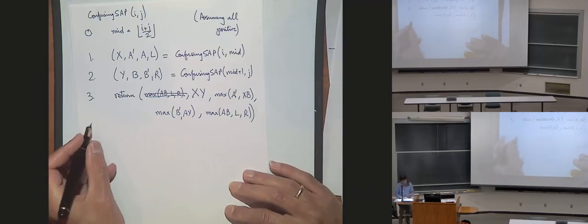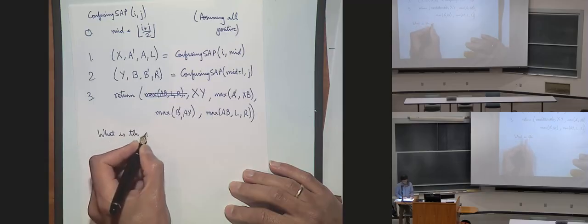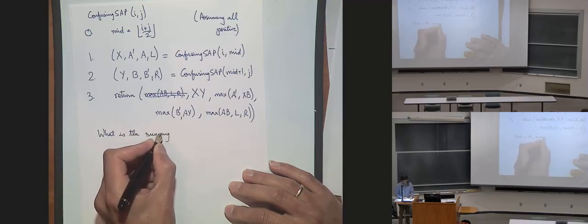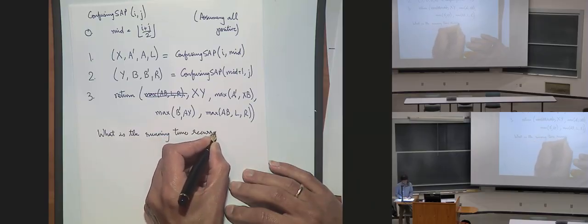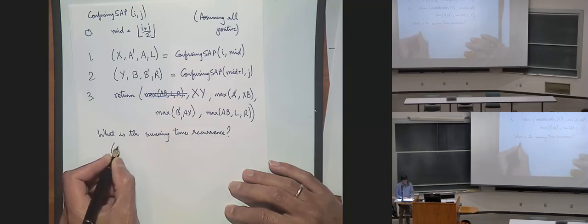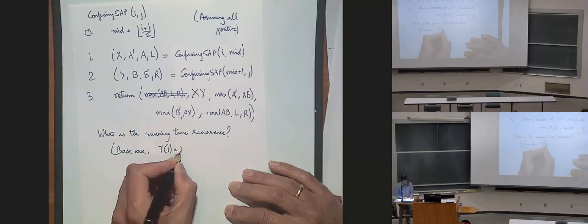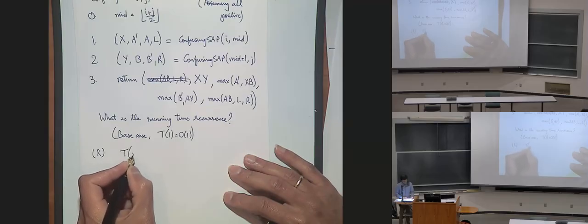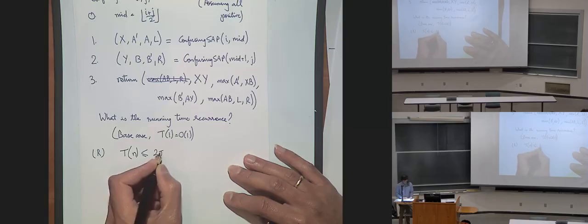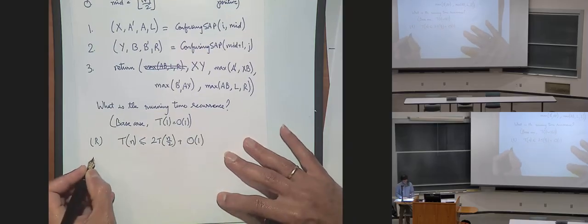So you may have to go and stare at this procedure, but suppose you believe this procedure, what is the running time recurrence? And just to be clear, the base case is always T of 1 is O of 1. So is it T of n is less than 2T of n over 2 plus O of 1?